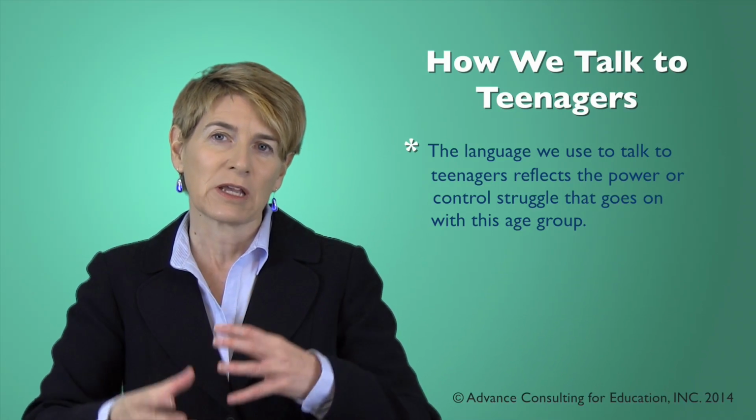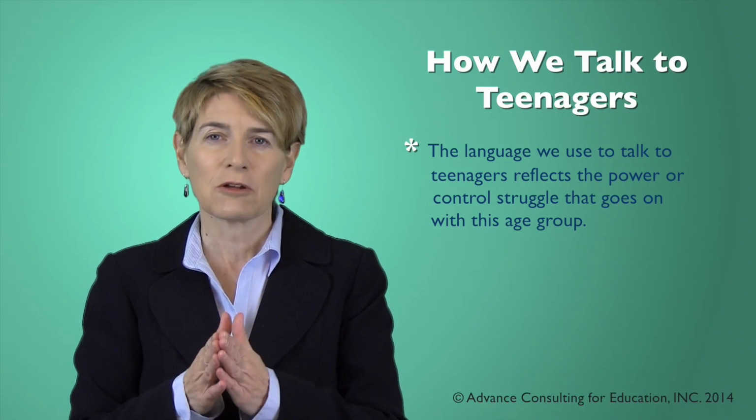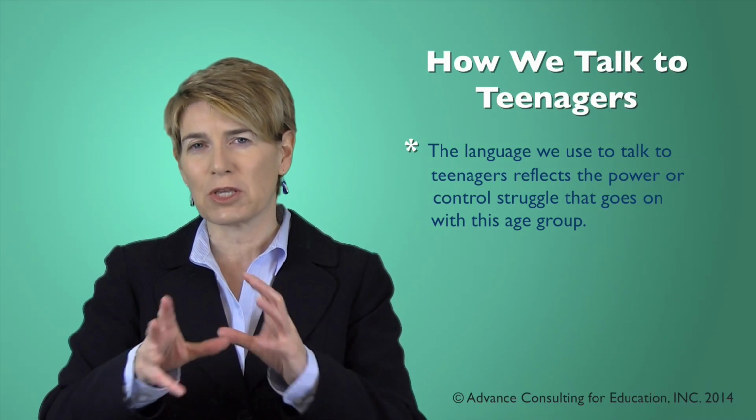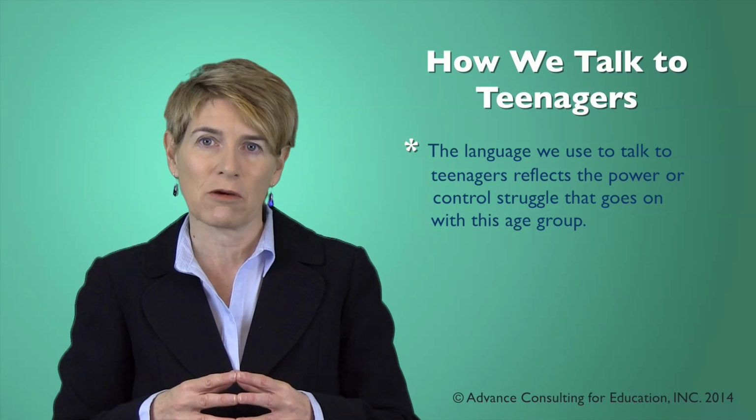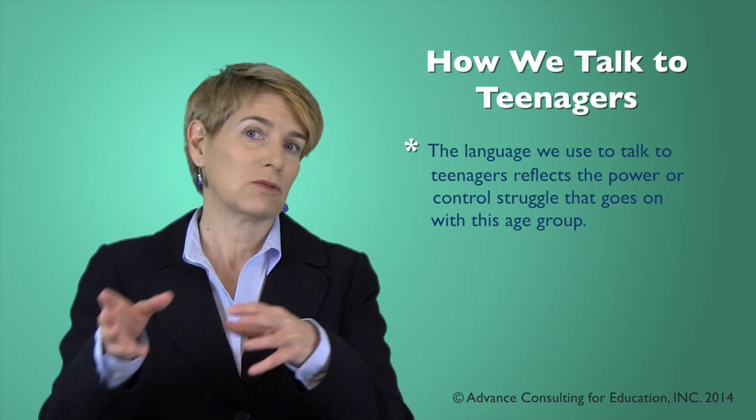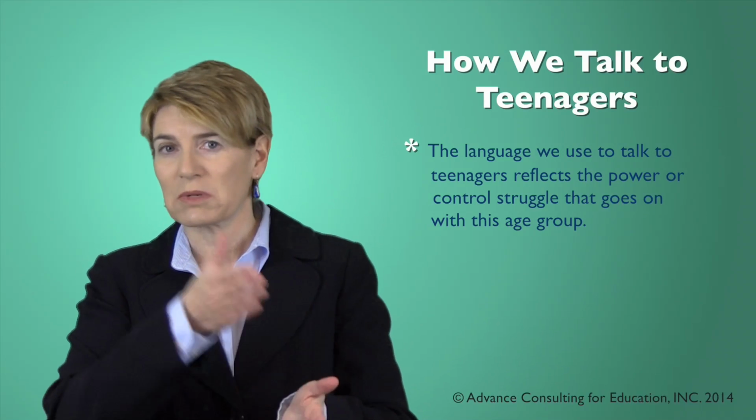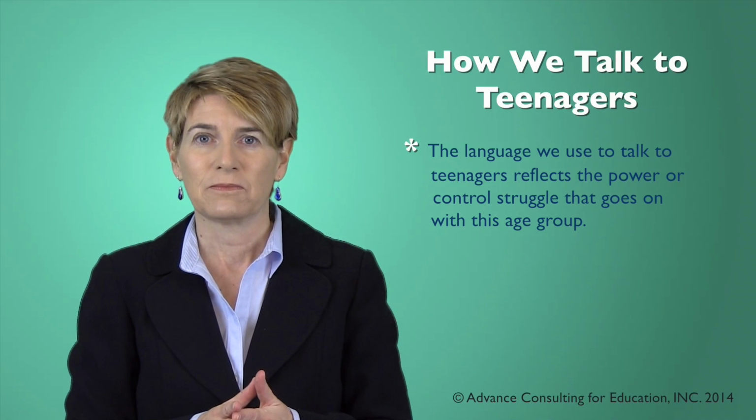So the language we use to talk to teenagers can often reflect this ambiguity in the power structure. Once again, sometimes we talk to them as if they're children and sometimes as if they're adults.